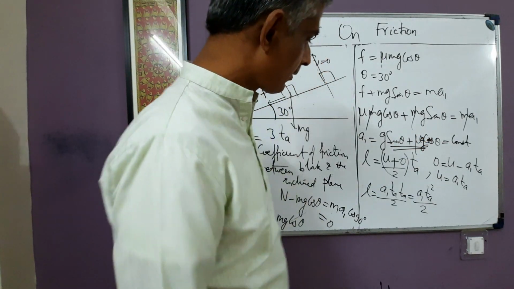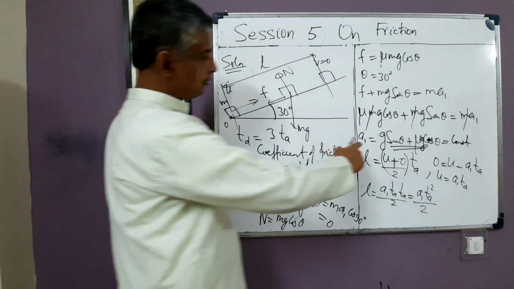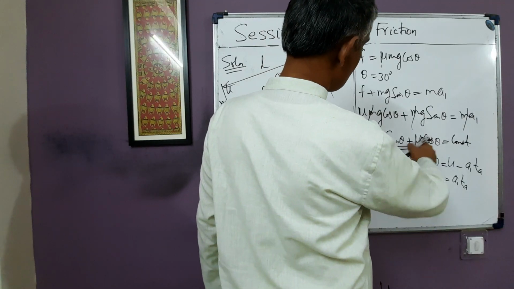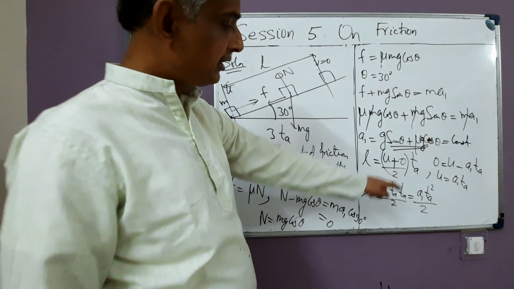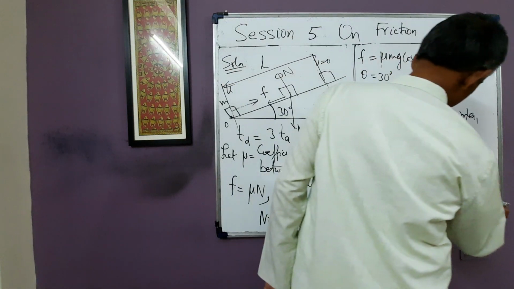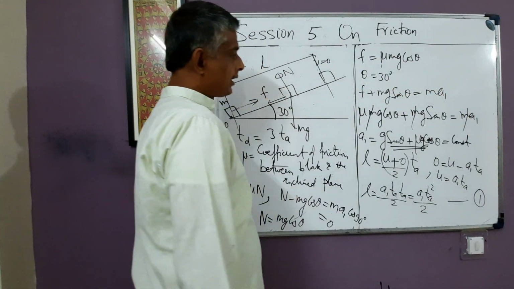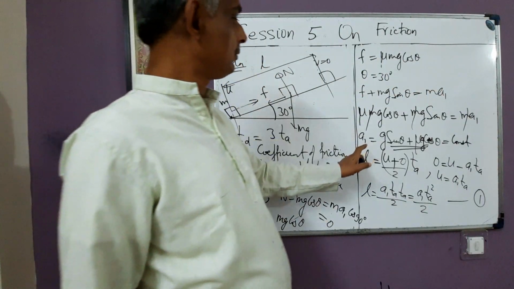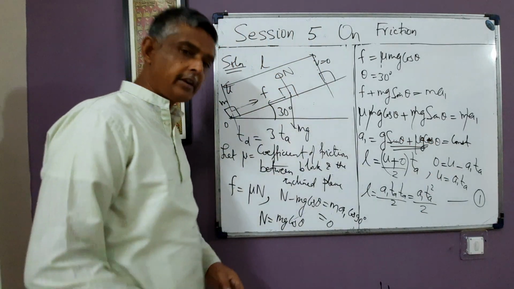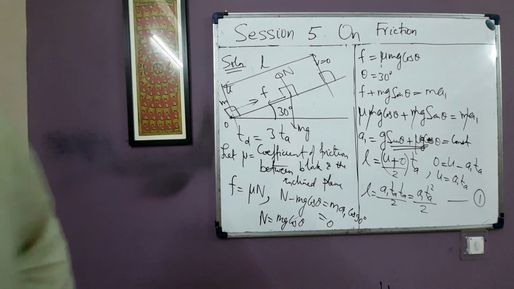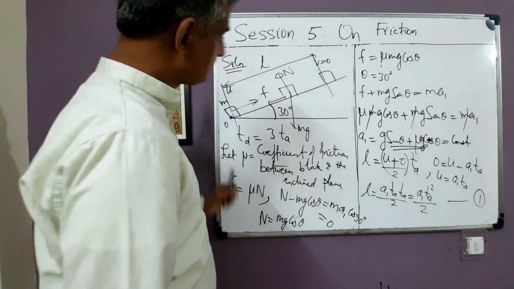So a1 is equal to g sin theta plus mu g cos theta. So L is equal to a1 ta square by 2. Let's call this the first equation, where a1 is equal to g sin theta plus mu g cos theta. Okay, fine. Now I rub this.